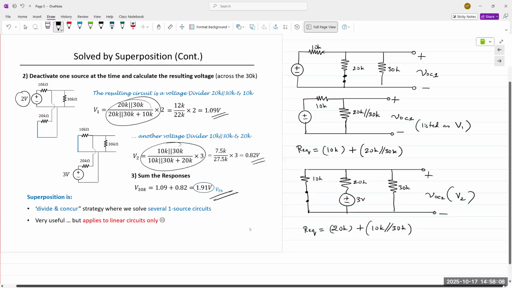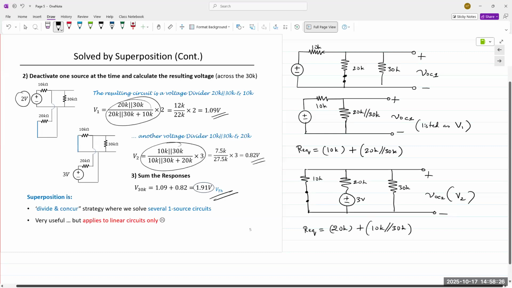So 12 separate calculations need to be performed. If you had 3 sources, it would be 3 times 6, 18. 4 sources, 4 times 6, 24. And so you can see how unwieldy and laborious it could get.